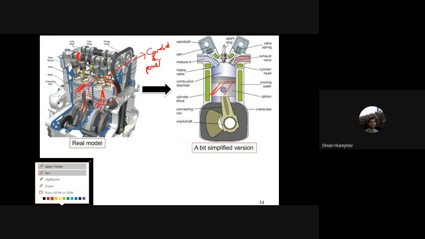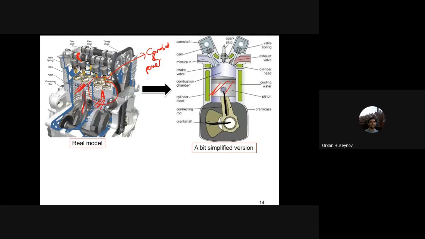And then you have the crankshaft. You have here the crankshaft, and you have the connecting rod. This one is the connecting rod. You see that this part is this volume. I can say the displaced volume, but in simple terms, it is the volume of the car.